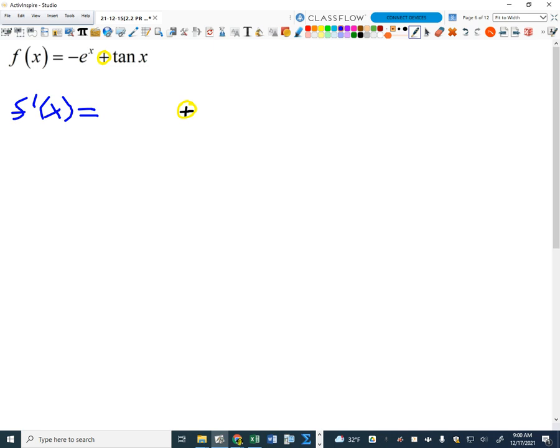Because the derivative of e to the x is itself, and the negative 1 is just a constant we leave out front. So I get negative e to the x. And see if you can remember it. What's the derivative of tangent x? There you go. Secant squared x. Done. That's it. Okay, good job. What about this one? How am I going to deal with this guy?